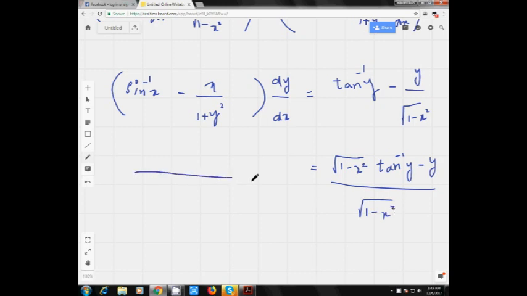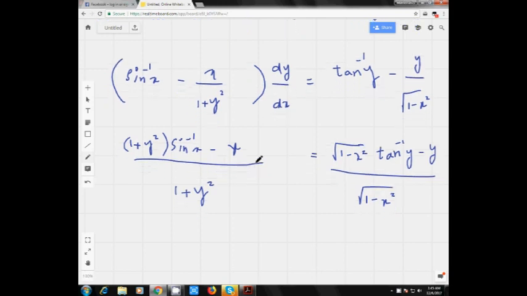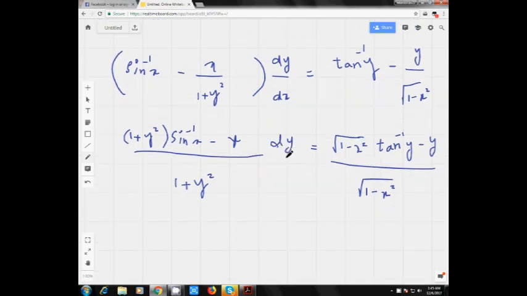Same has to be applied here. You might get (1 plus y square) times sine inverse x minus this quantity x, whole divided by the LCM, that is 1 plus y square, times dy by dx.